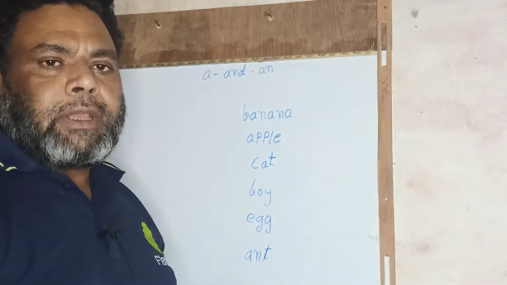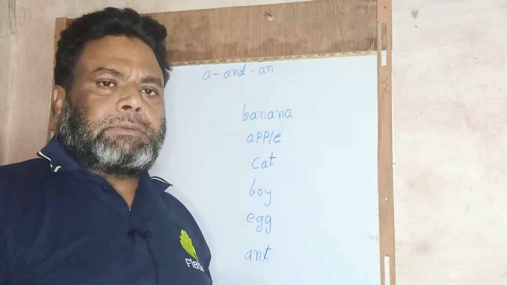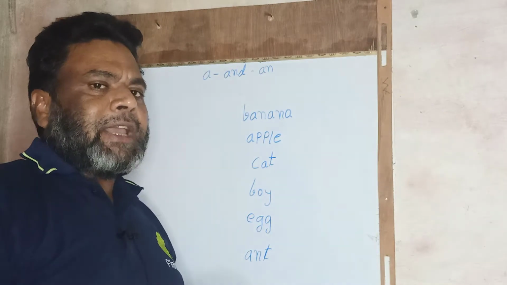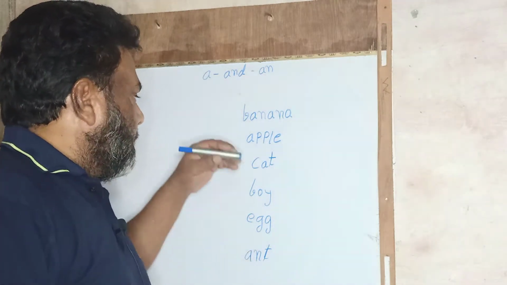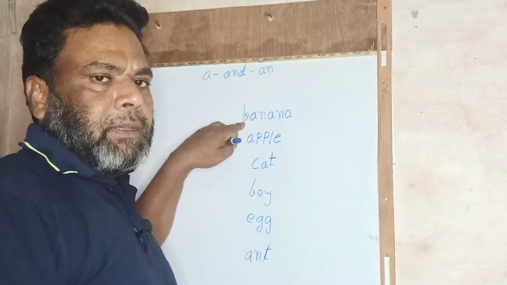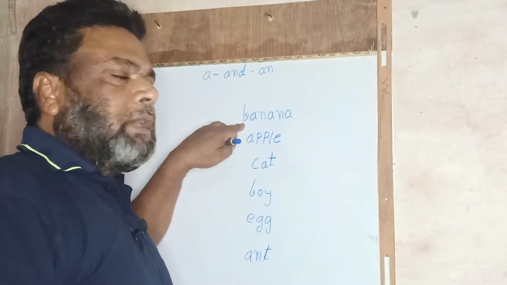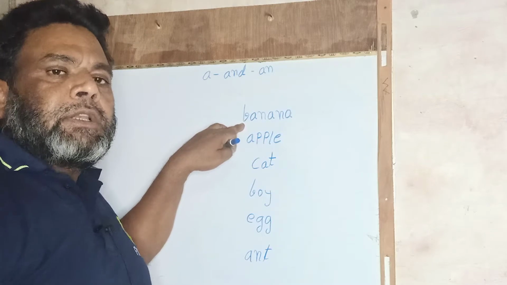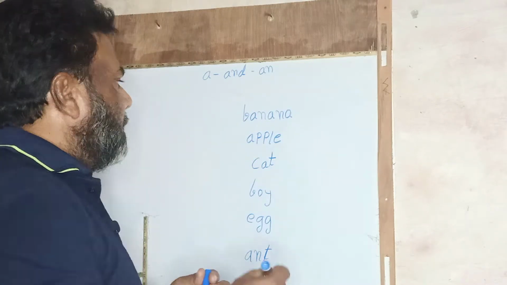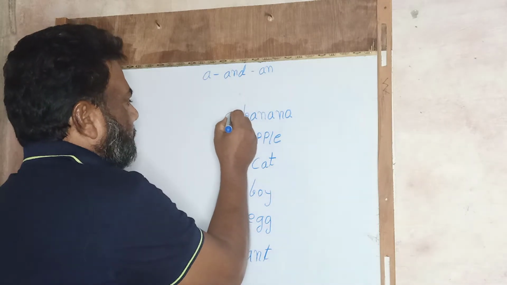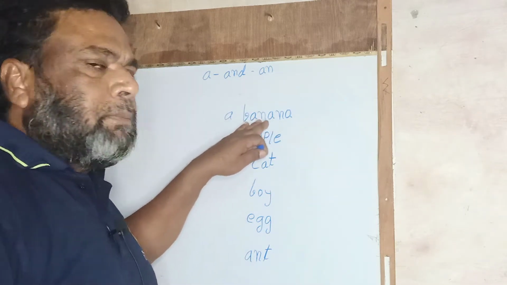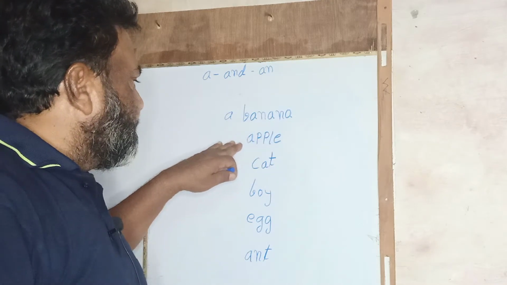Before I talk about consonants and vowels, the main vowels are A, E, I, O, U. This B is a consonant, so here we must use a banana, a banana.